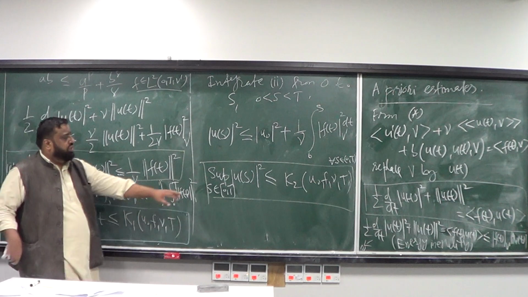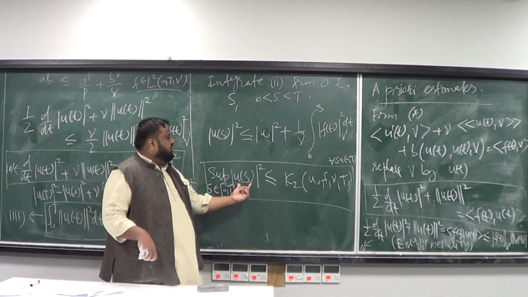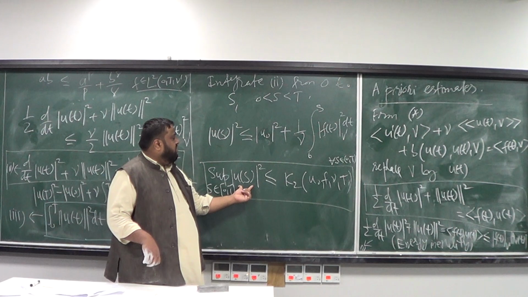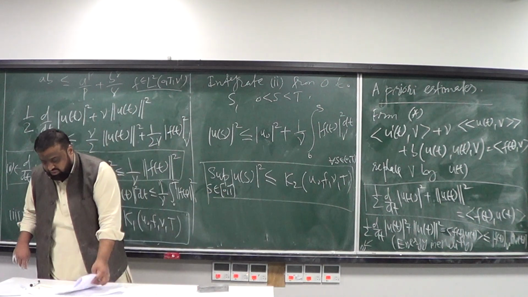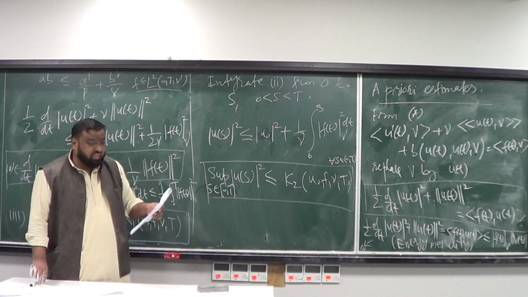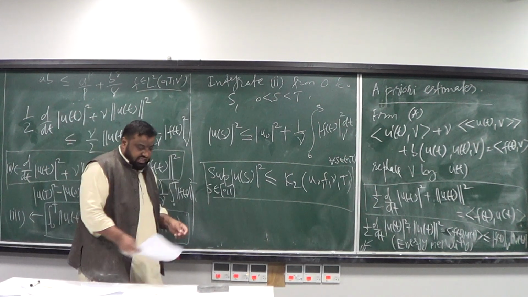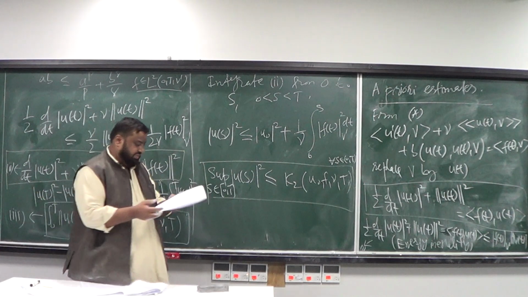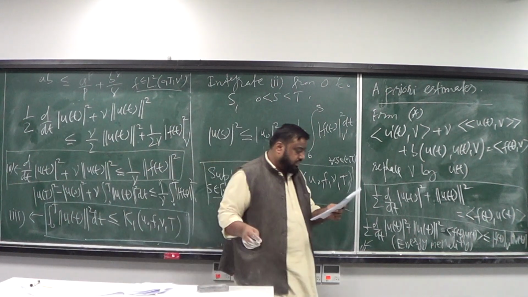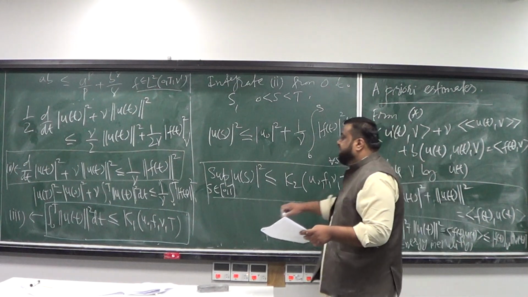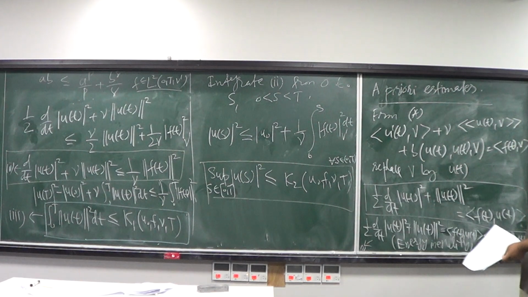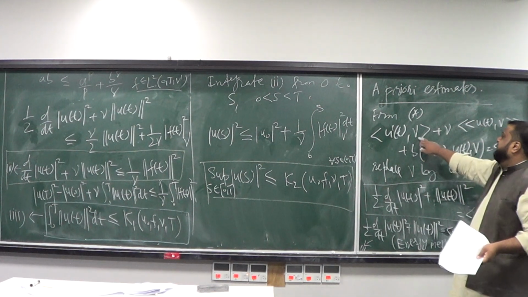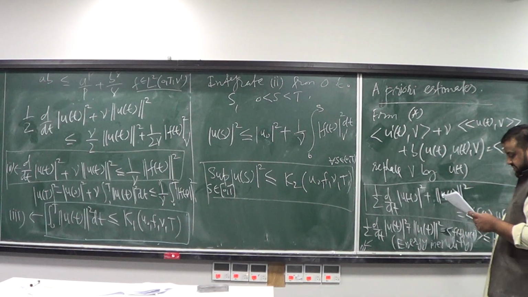And this shows that u belongs to L infinity with values in H, because we are talking about H now. So you have to keep track of the analysis. These two are the first a priori estimates. We obtained these a priori estimates by replacing v by u(t).